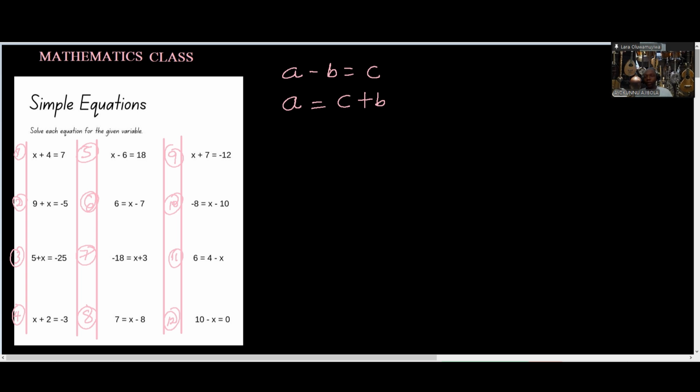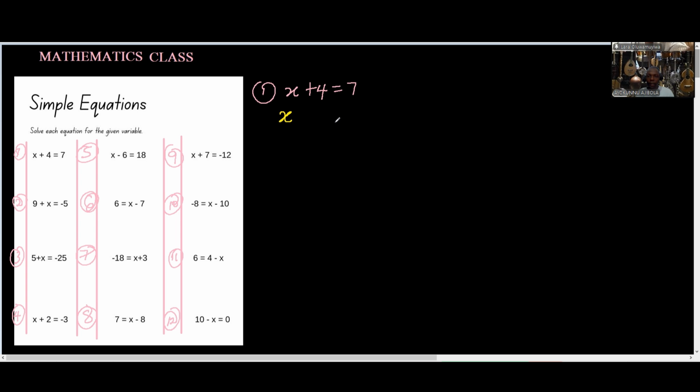Now let us go ahead and use that particular method or information to solve some of these. The first one says something plus 4 is 7. That something must be 3. But in order to find it, we must remove the number to go and meet the other number because they are like terms.